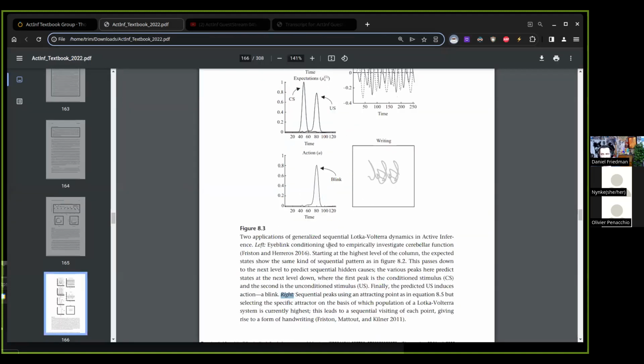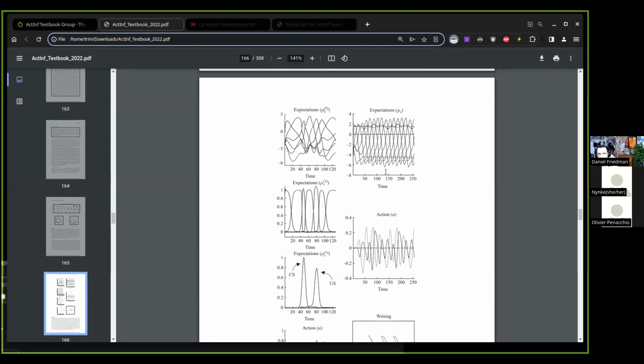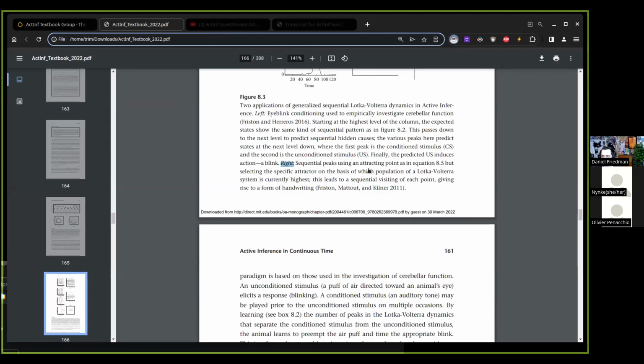But here's an example of Lotka-Volterra dynamical systems dynamics in a handwriting setting. So it's kind of like a sequence of points that are being targeted and driven through sequentially by hand.